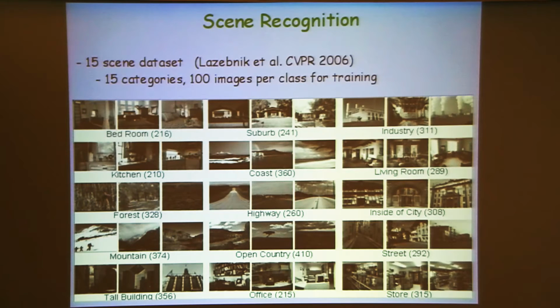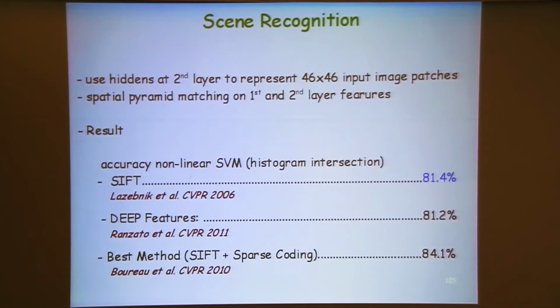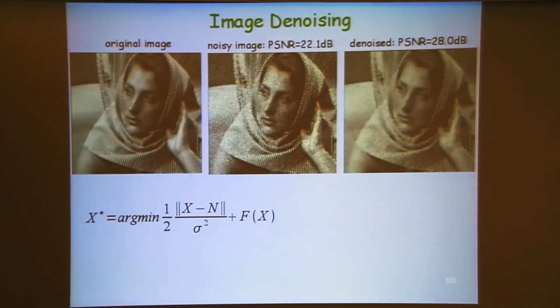I took her code, replaced the SIFT with my latent variables, and got very similar results. This is just a way to say that these features are trained in a totally unsupervised way, but they can be used as generic descriptors for images. You would hope they would do better than SIFT. You may do better if you actually backpropagate through them, but I didn't do that. But usually that's what happens.